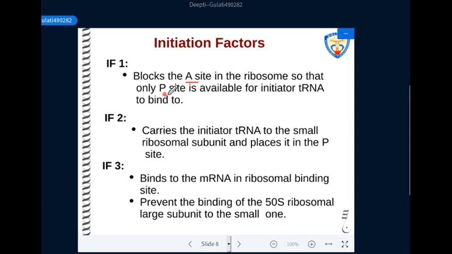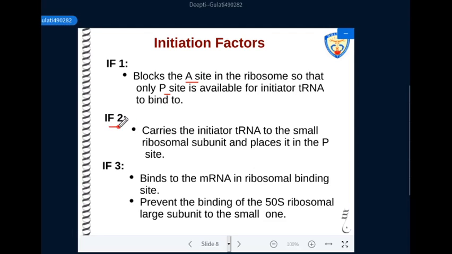One site is the P site, the other site is the A site. The initiator tRNA should only bind to the P site. Therefore, what initiation factor 1 does is it blocks the A site in the ribosome so that only the P site is available for the initiator transfer RNA to bind to.